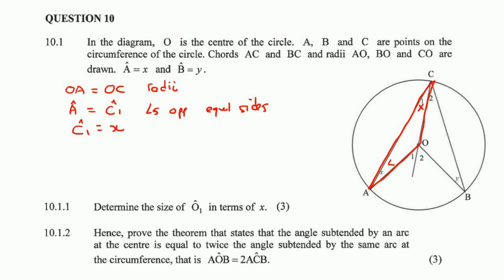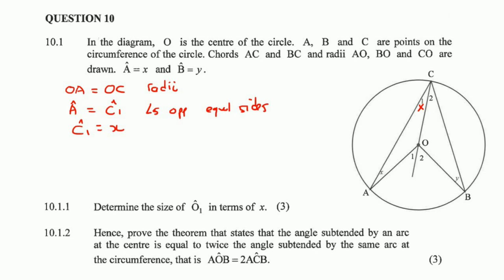Other learners first work out this angle over here using the sum of angles in a triangle, and then they use the straight line to calculate O1. Both methods are perfectly correct, and you will get the same answer. I'm just going to use the first one because it's a little bit faster.